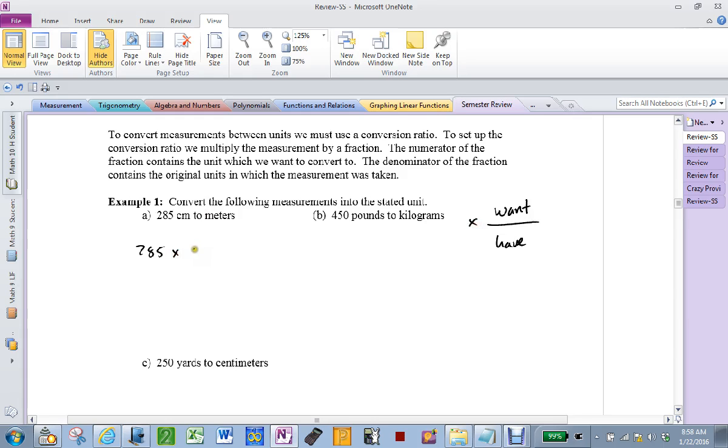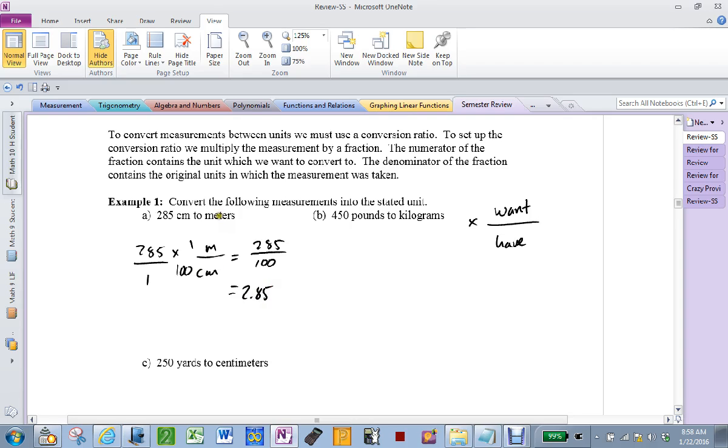So what do I want? You want the number that I want, meters, so it's meters over what I have, centimeters. 1 meter is 100 centimeters. 285 is over 1. So it's 285 times 1 divided by 100, which is, of course, 2.85.